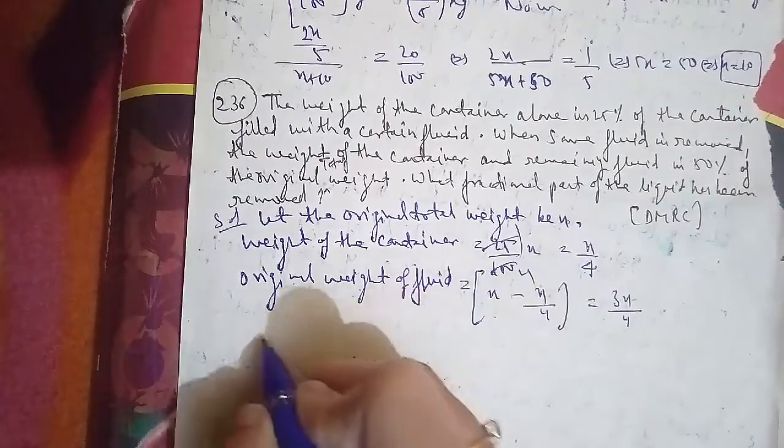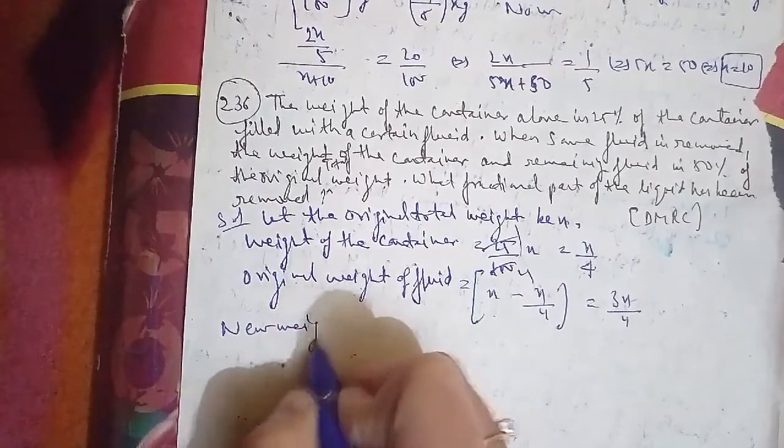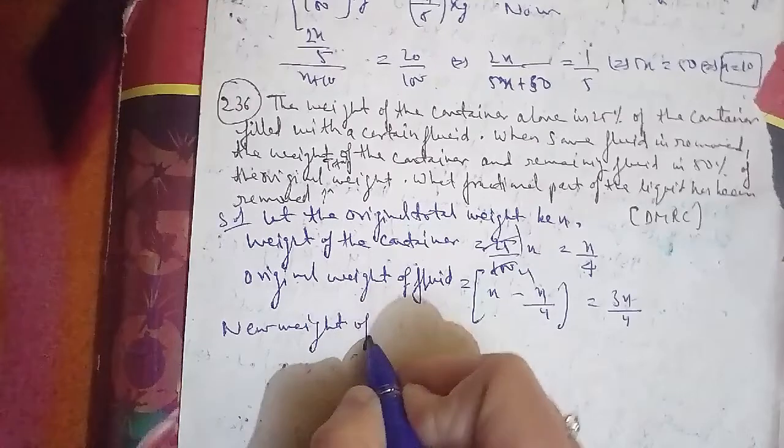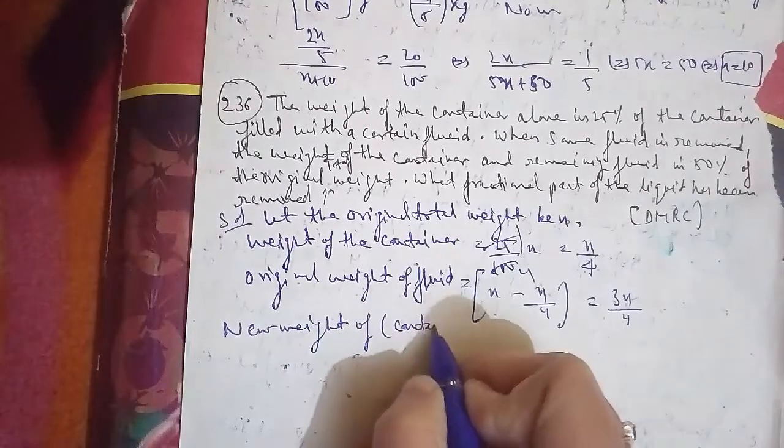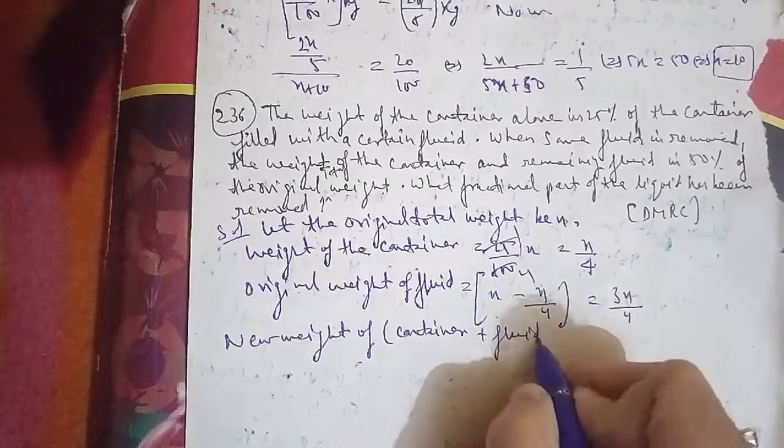New weight of fluid equals x by 2 minus x by 4, which equals x by 4.